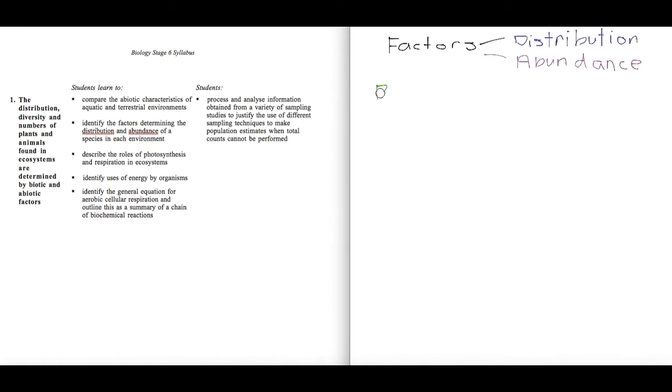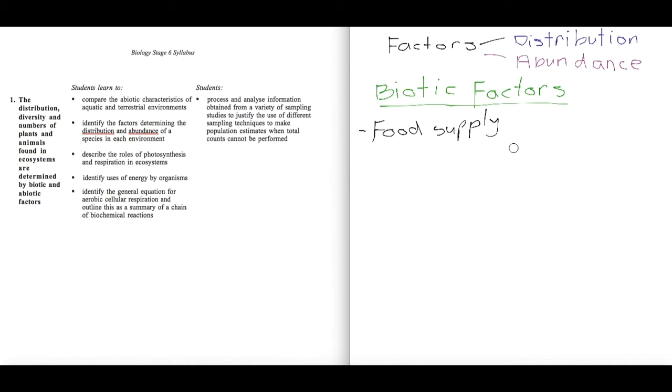So we'll break up the factors into biotic and abiotic factors. So thinking back to our last video, we know that biotic refers to living things. So let's think about what living things can affect the distribution and abundance of species. So food supply is one biotic factor.